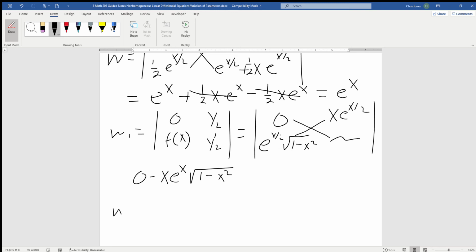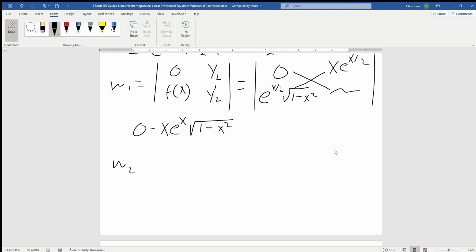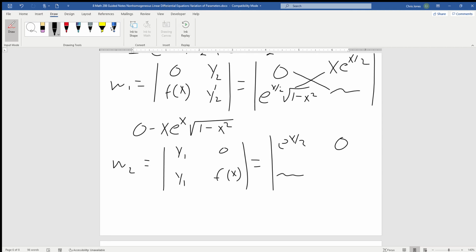Finally, w2. Same thing, except we're going to switch the columns. So y1, y prime 1, 0, f of x. Remember, y1 was e to the x over 2. It doesn't matter what the derivative is, because we're going to be multiplying that by 0.